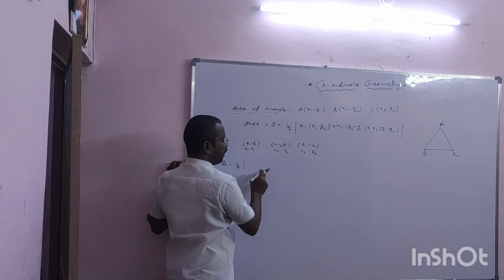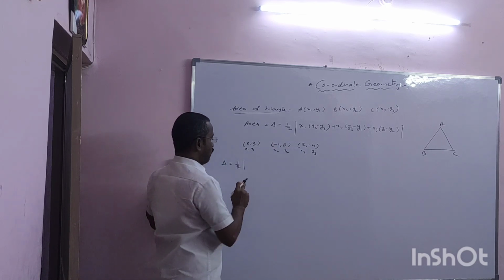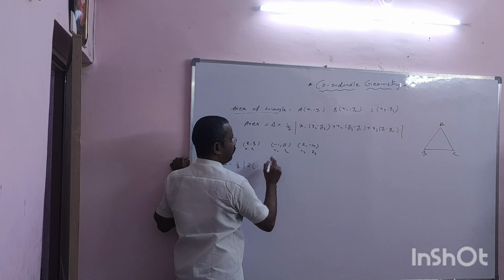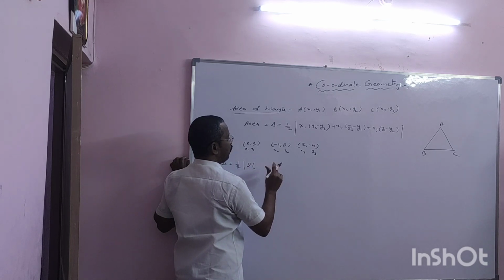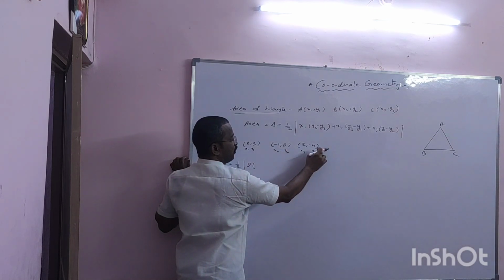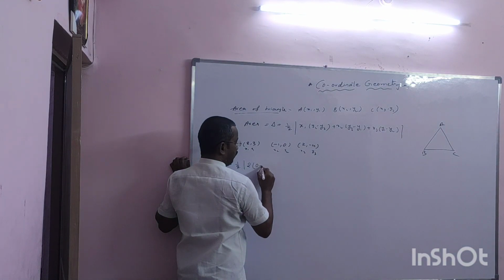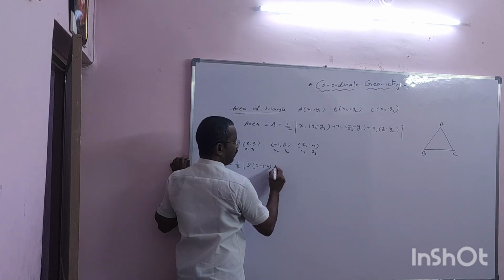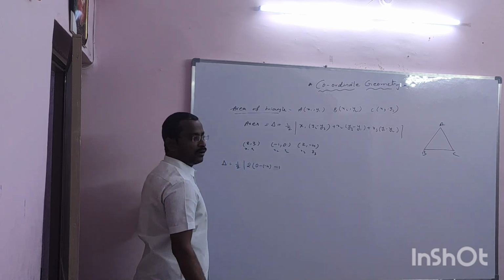If you do not have it, write the formula once again. Half modulus x1, what is x1? 2, times y2 minus y3. What is y2? 0. What is y3? Minus 4. So 0 minus of minus 4, plus x2, which is minus 1.